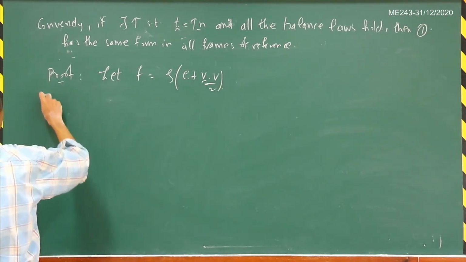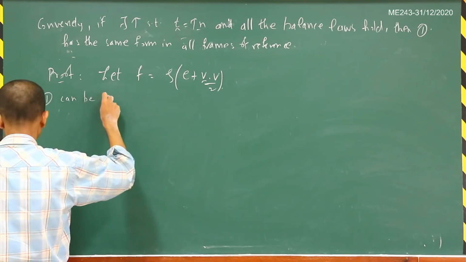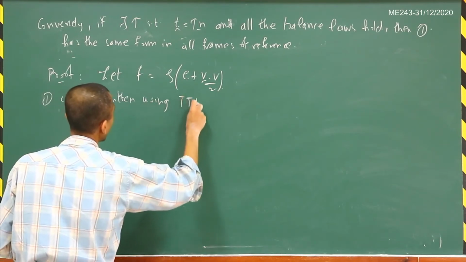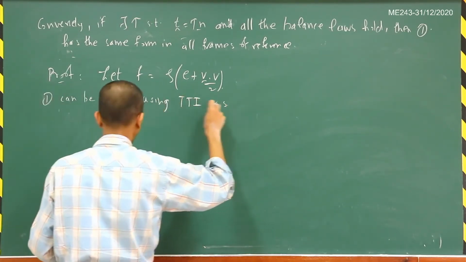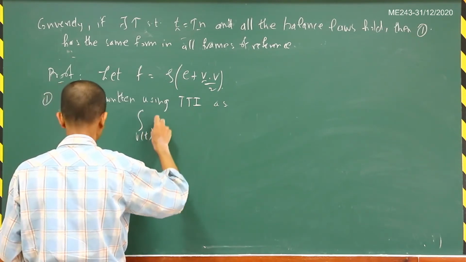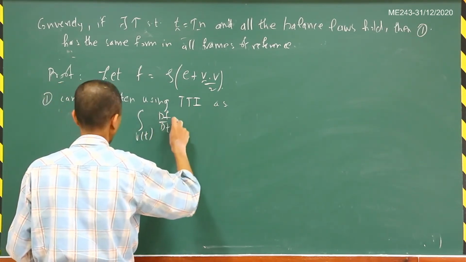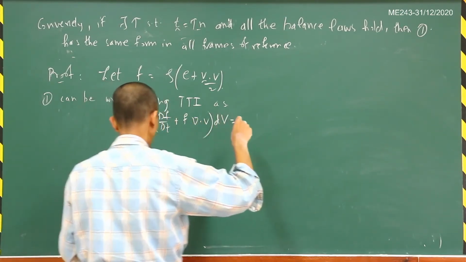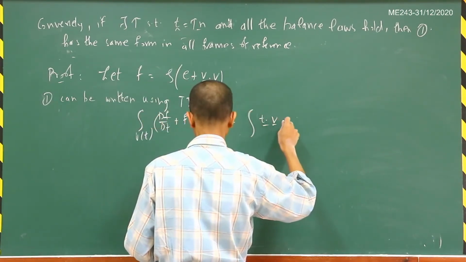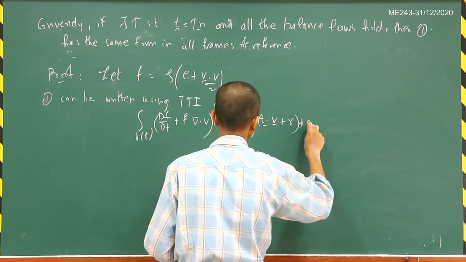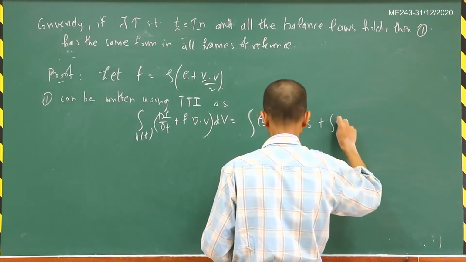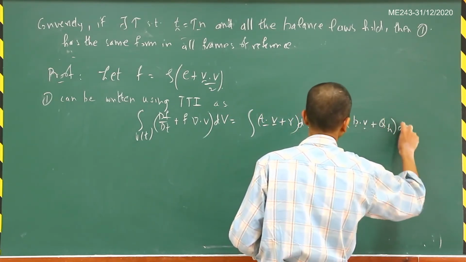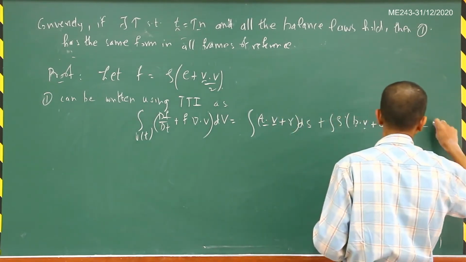So 1 can be written using transport theorem 1 as the integral over v of t of df by dt plus f del dot v times dv is equal to the integral of t dot v plus gamma times ds plus the integral of rho times b dot v plus qh times dv. So let us call this equation 2.